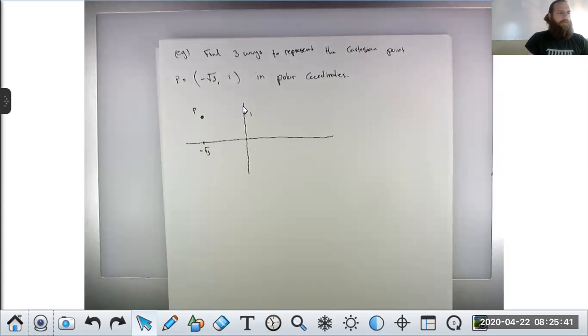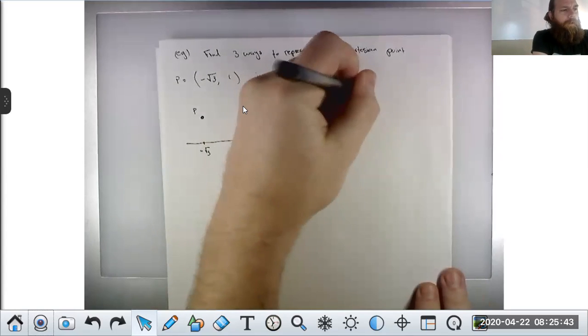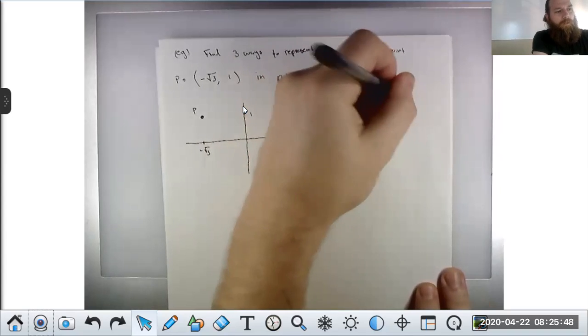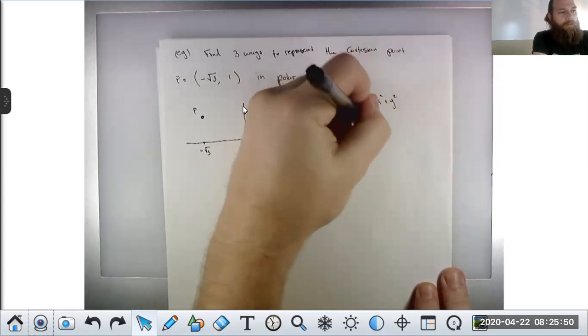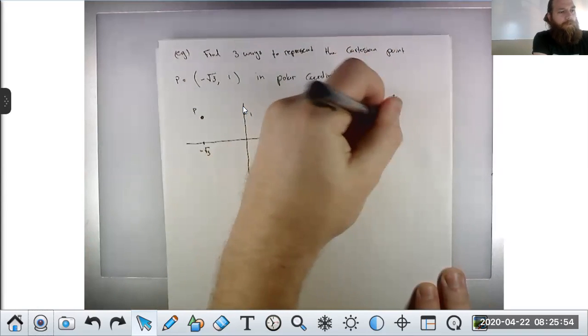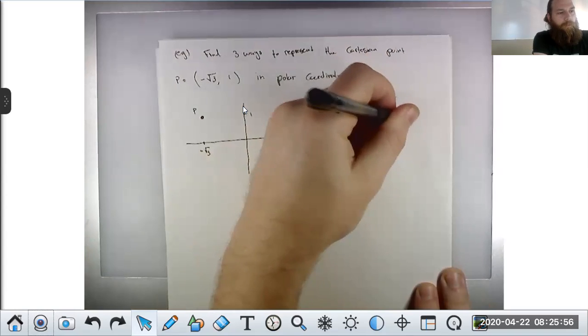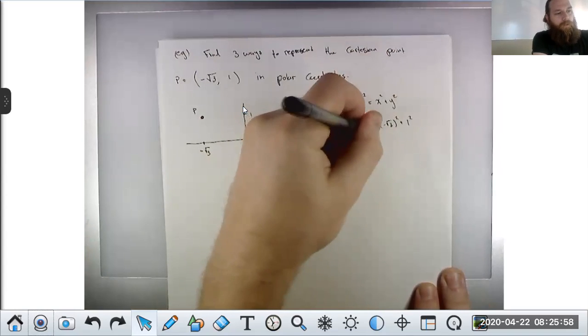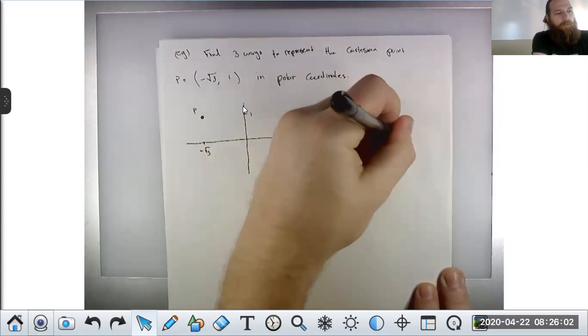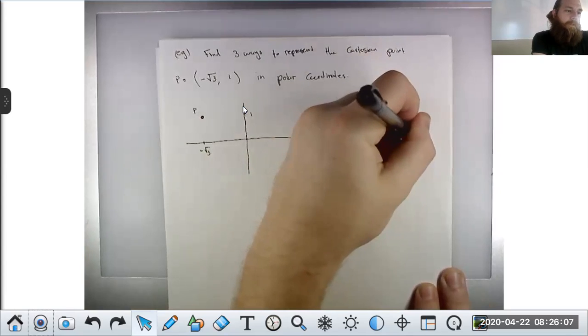Yeah, exactly. So r squared is always x squared plus y squared. So in this case, r squared is negative square root of 3 squared plus 1 squared. This is 3, this is 1, this is 4, which means r is either 2 or negative 2.